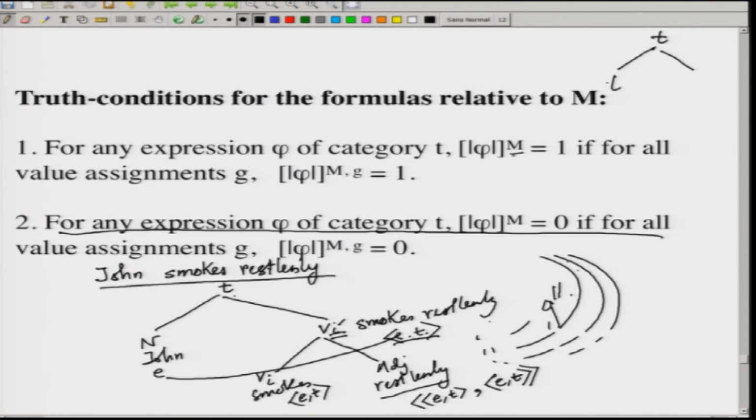This is a bad analysis, and then it goes to an adjective, but this is a correct syntactic analysis. Correct means syntactically it seems fine, but actually it is not fine, and then T goes to N and V I. So you could have John smokes and then here restlessly.